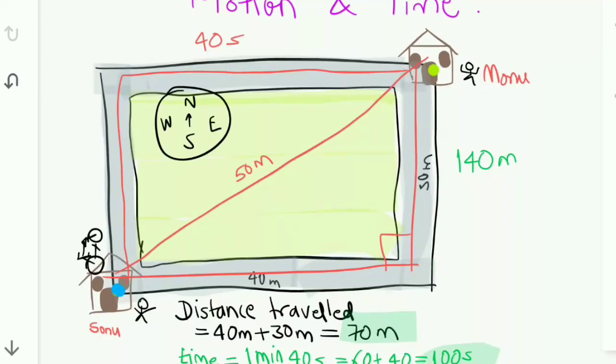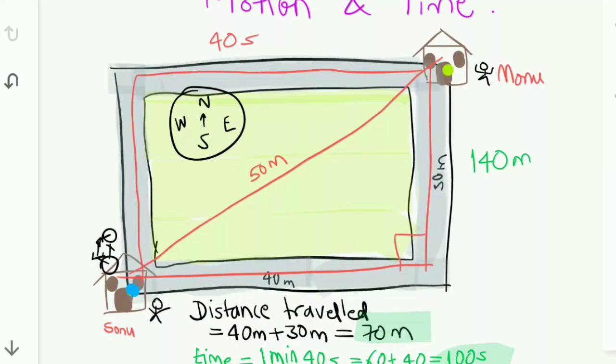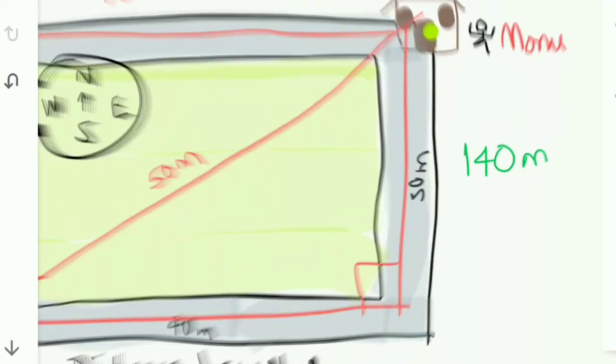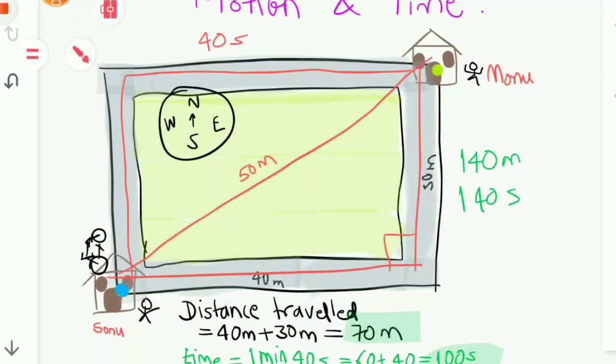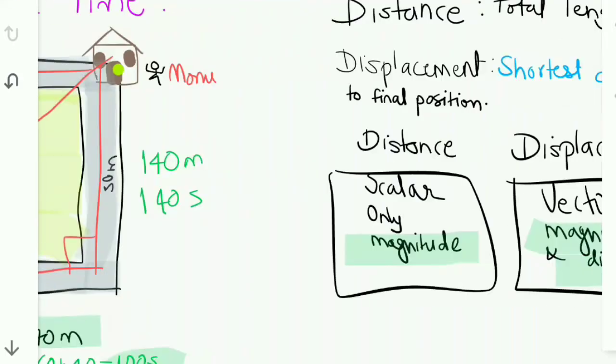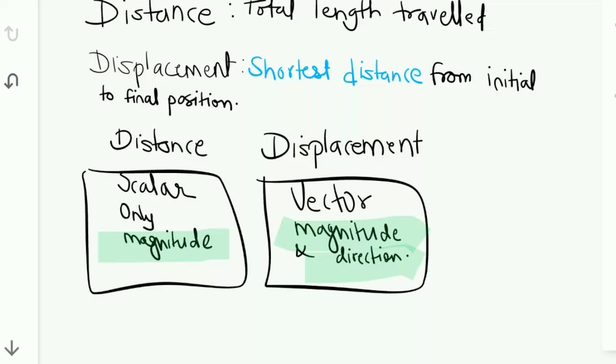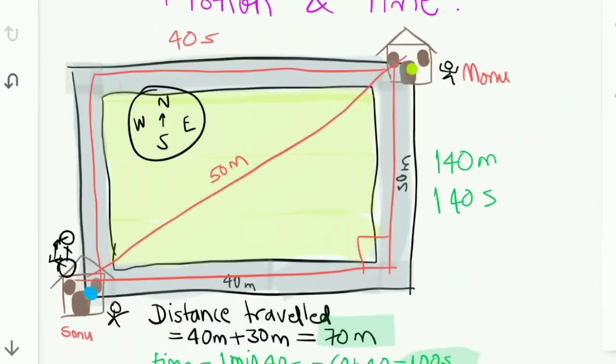And what would be the total time taken? Correct. 100 plus 40, that is 140 seconds. What would be the displacement? Displacement is shortest distance from initial to final position.